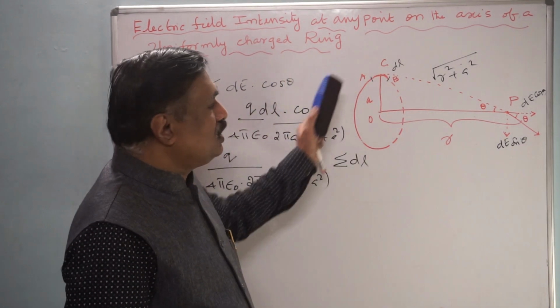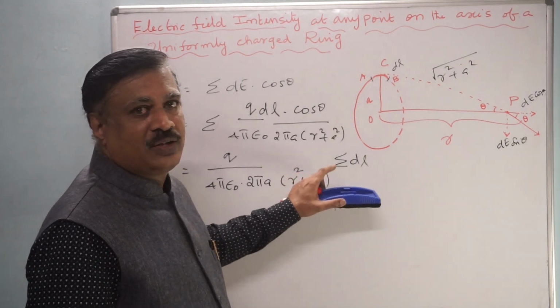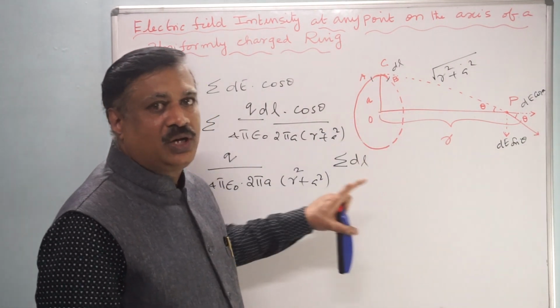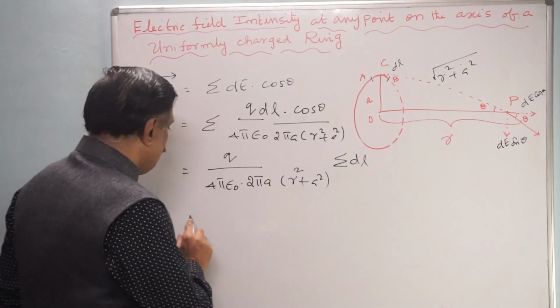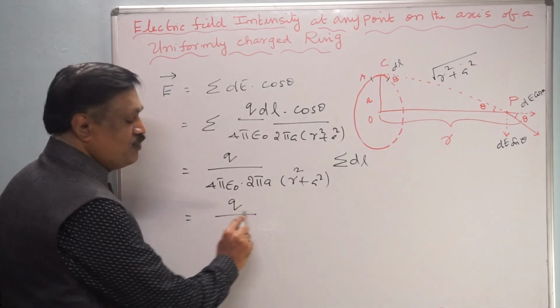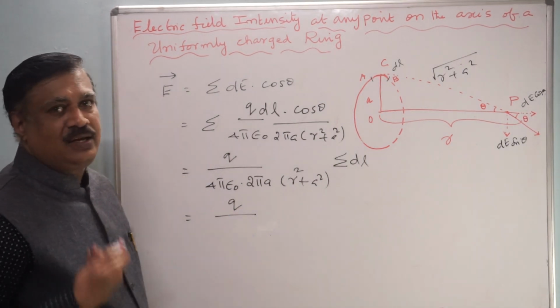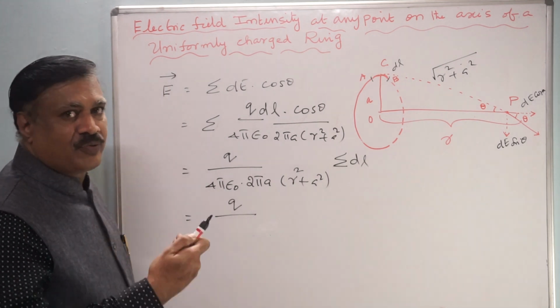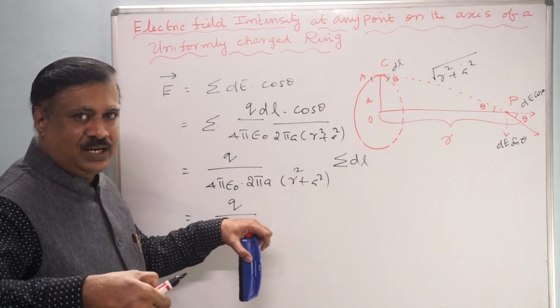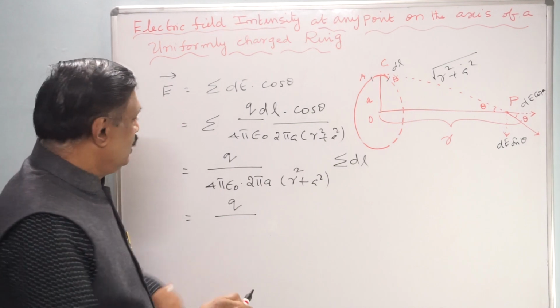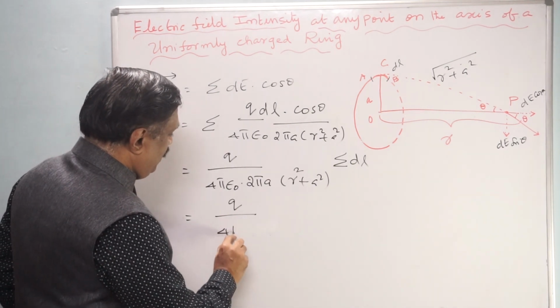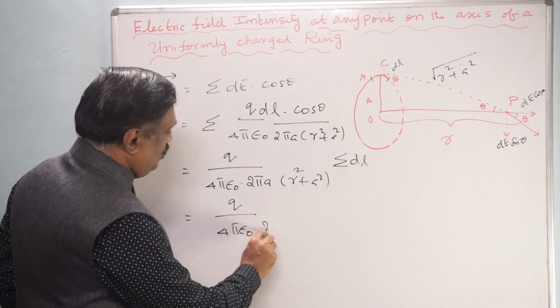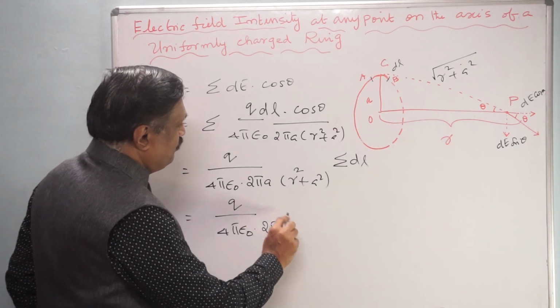That means the total length, the length of the total ring, which is equal to 2 pi a, the circumference. If you make it a straight line, then it will be the total length. Therefore, 4 pi epsilon 0, 2 pi a.